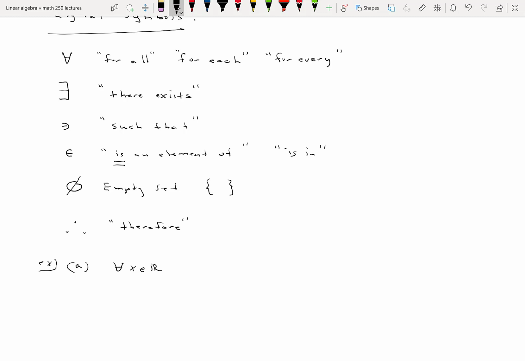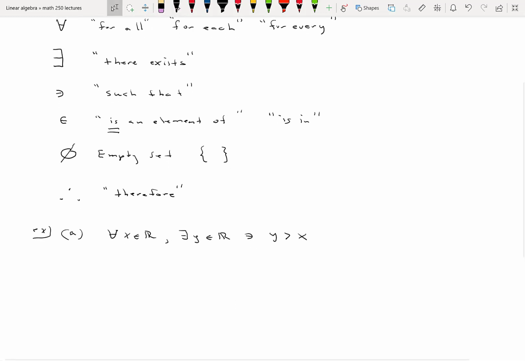It's saying for every real number x, for every x in R, comma, there exists a y in R. So for every real number x, there's a corresponding real number y such that, backwards epsilon, y is greater than x.